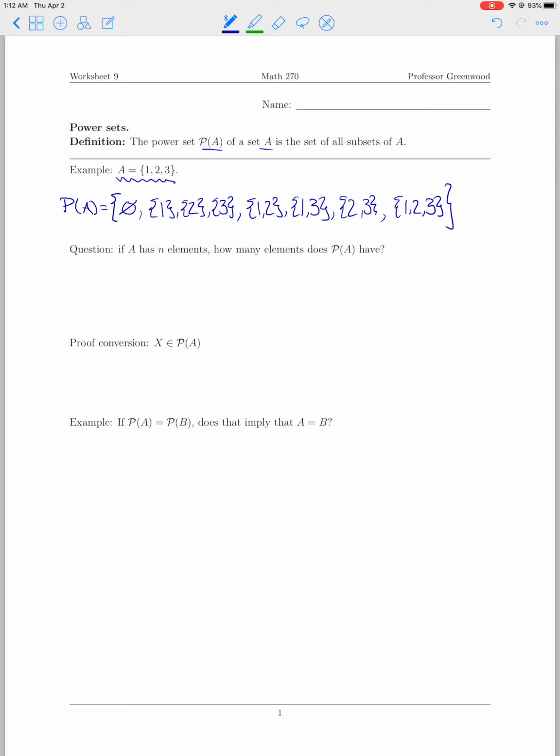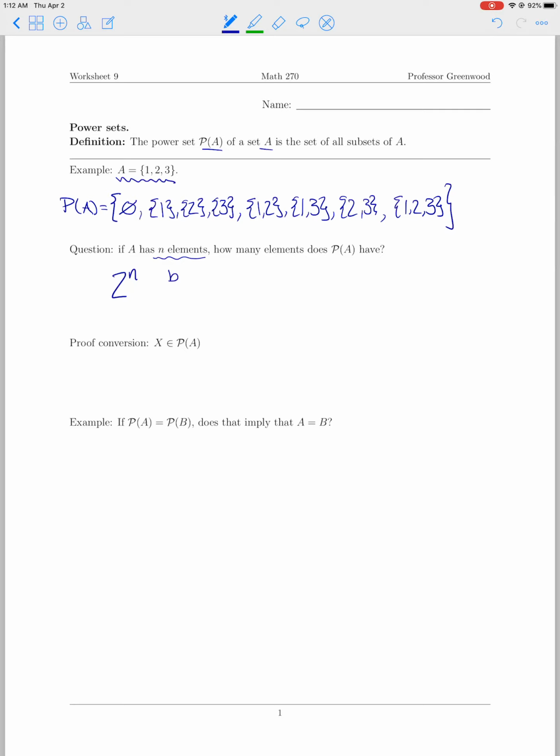In this case, we can see that there are 8 subsets of this original set A, and that is 2 to the third, which is a more general phenomenon. If a set A has n elements, it turns out that the power set has 2 to the n elements.